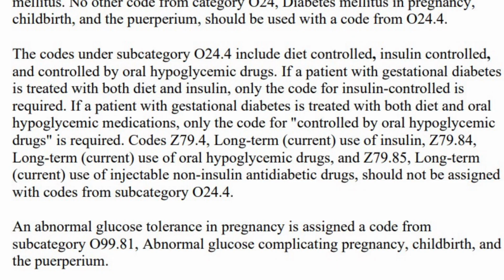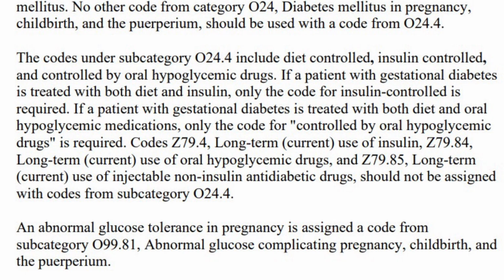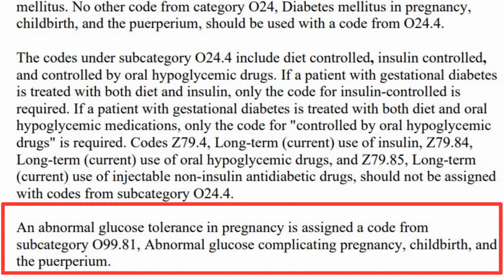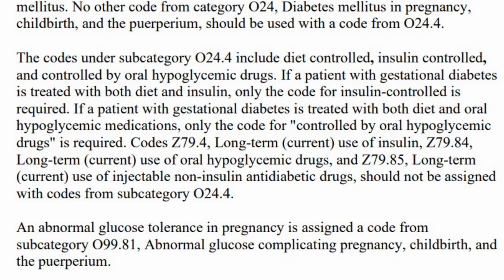So let's see, the patient is not having gestational diabetes mellitus, but the patient is having an abnormal GTT. That's the glucose tolerance test. The patient's GTT is abnormal, but not gestational diabetes, not a GDM. Only the GTT is abnormal. In this scenario, you'll be coding O99.81, which is abnormal glucose complicating pregnancy, childbirth and puerperium, and you should not be assigning O24.4 based on the abnormal values from the GTT test.